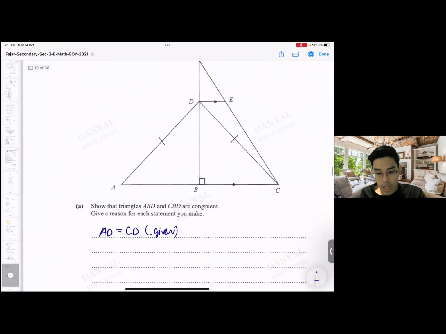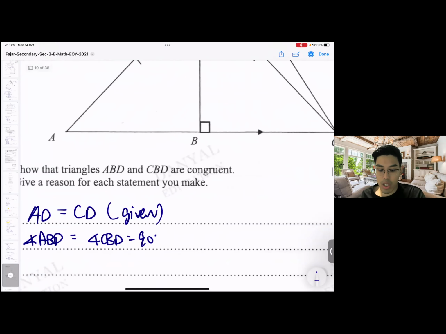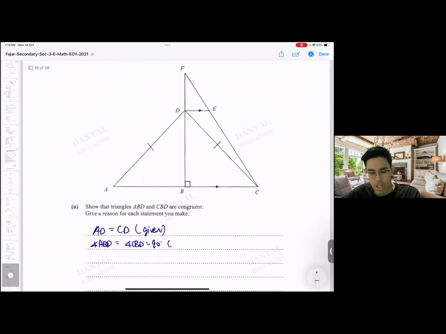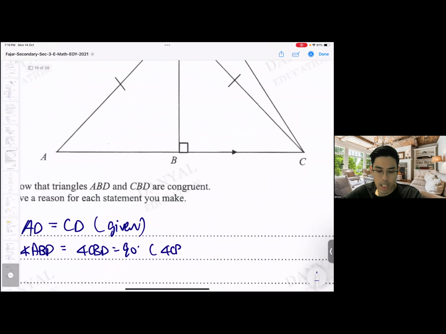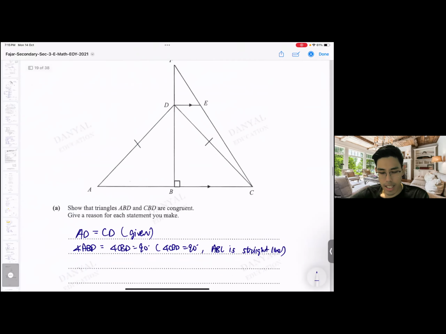Number two, I can also say that angle ABD equals angle CBD equals 90 degrees because it's given to us that CBD is 90, and they also given to us that ABC is a straight line. That's the second thing.